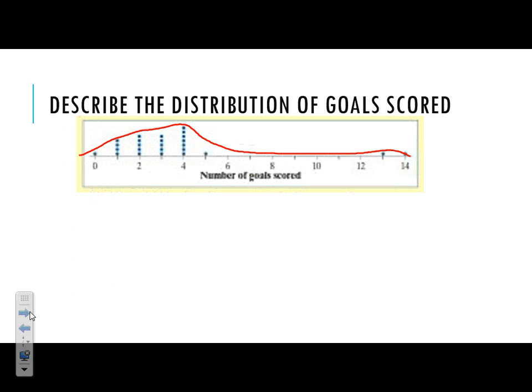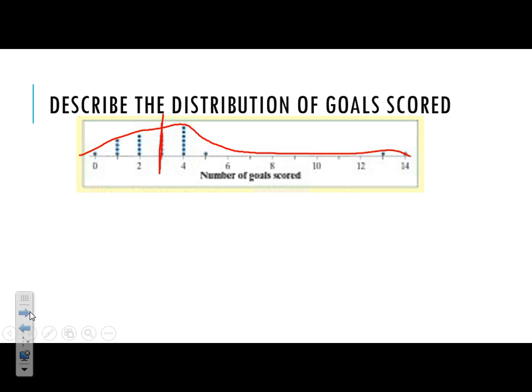My center here is probably going to fall at about 3 goals. So that's about where my median is. So when we talk about left sides, right sides, we're talking about the left and right side of the center. So we wouldn't call this symmetric by any means. And we can see here that the right side of the graph is much longer than the left side of the graph. So that tells us that this graph is right skewed.